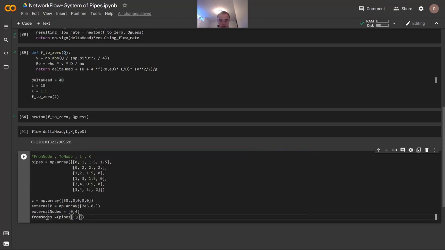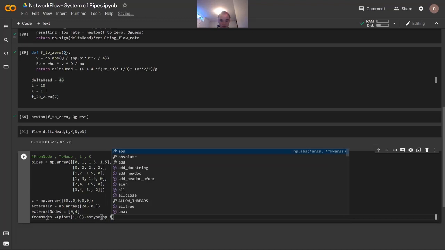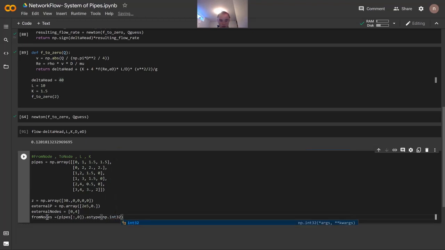So we'll do the colon and 0, and that will grab our from nodes from that column. We need to make sure these are integers, so we put in this numpy function, astype, converting them to int32, so we don't make them decimals.